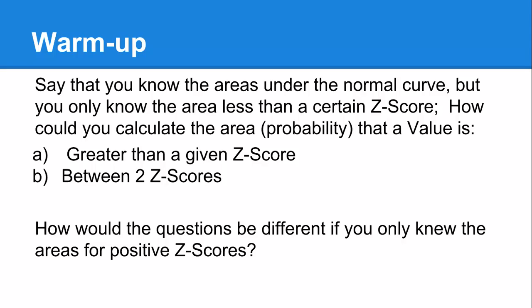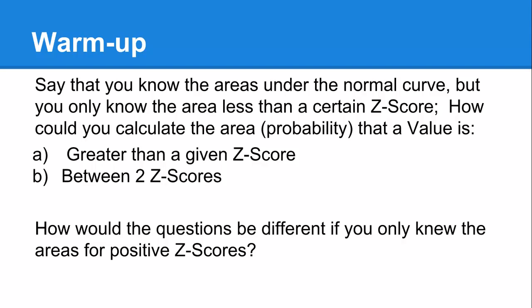So if we want the area greater than a given Z-score, we just find the area less and then subtract that from 1, or 100%. If we want the area between two Z-scores, say the probability of being less than the first one is 90 and less than the lower one is 70, the area between is just 20. So it's very quick to do that. We're just going to subtract the areas.